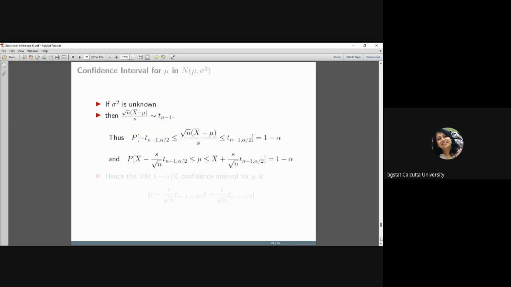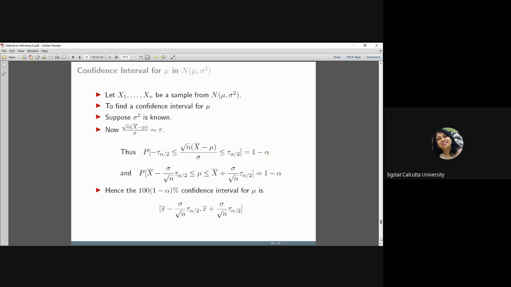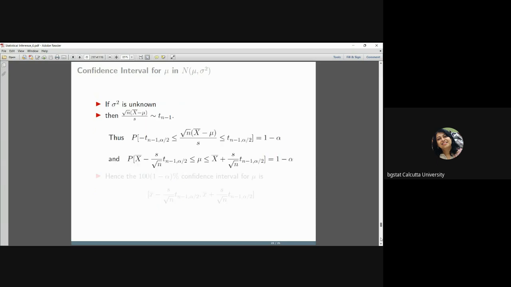Now, if sigma square is unknown, then we can't obviously calculate these confidence intervals because they involve sigma. However, we know that if sigma square is unknown, then this quantity, root n x bar minus mu, because we don't know sigma, we replace it by s. And if we replace it by s, the standard normal distribution gets replaced by the t distribution with n minus 1 degrees of freedom.